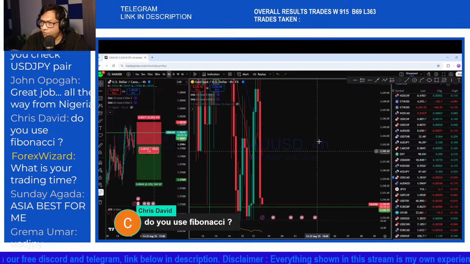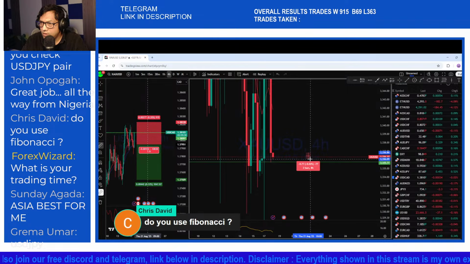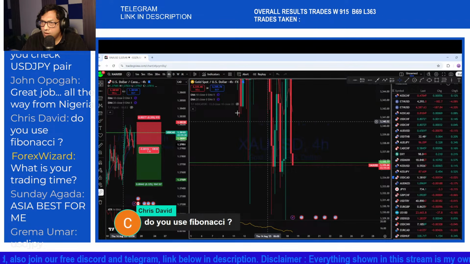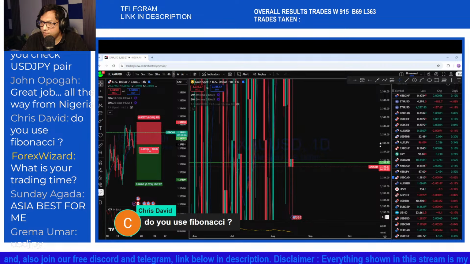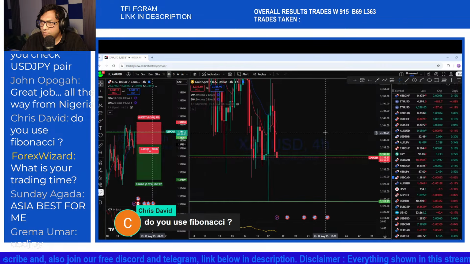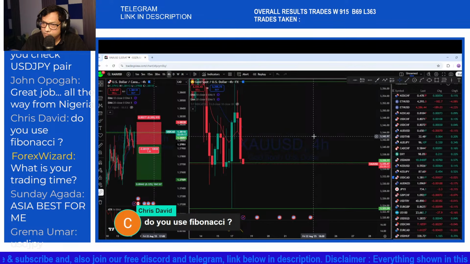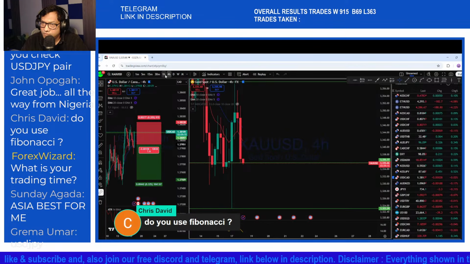There's a candle close on the 4-hour. It just crossed that big level below from the daily. It's a bear market.